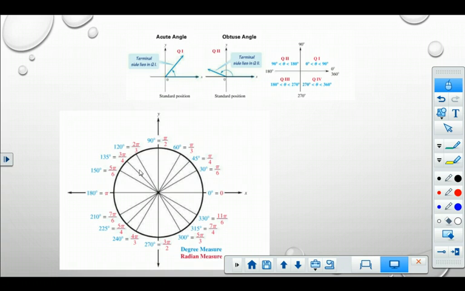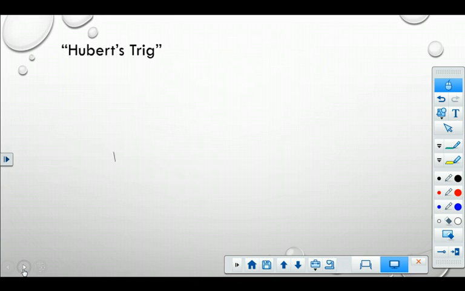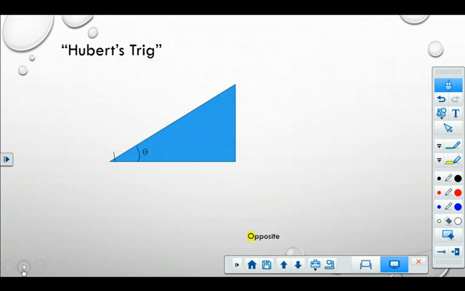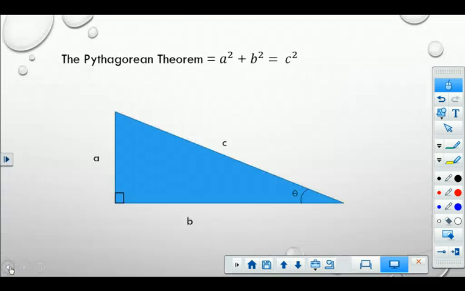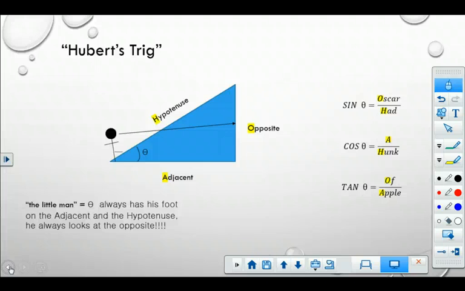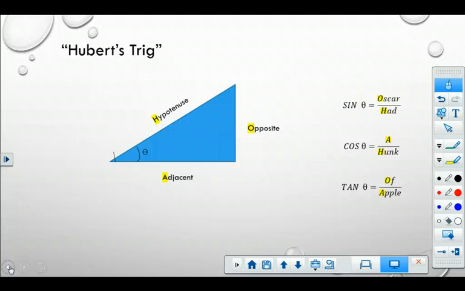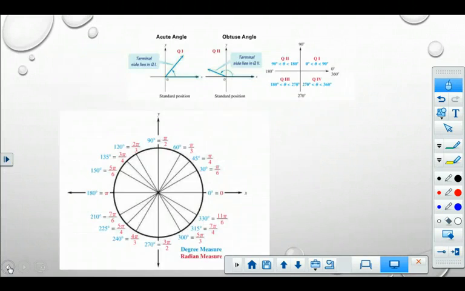There's the unit circle. There's the guy that you need to memorize. And it's not that hard to memorize if you know your, I'm skipping ahead a little bit. If you know your, well, I don't have them up here, but the special angles. And the special angles are the 30, 45, and 60 degree triangles.